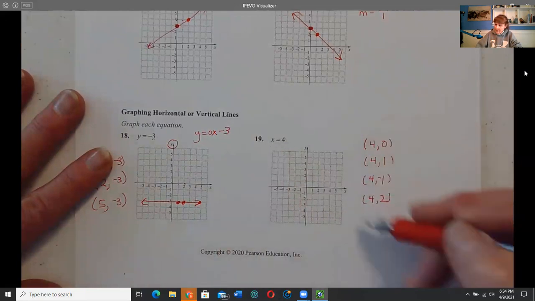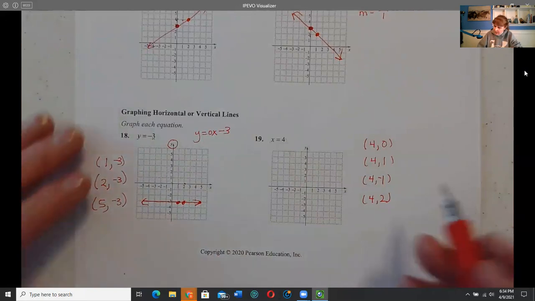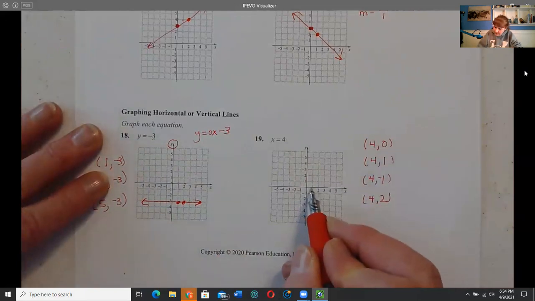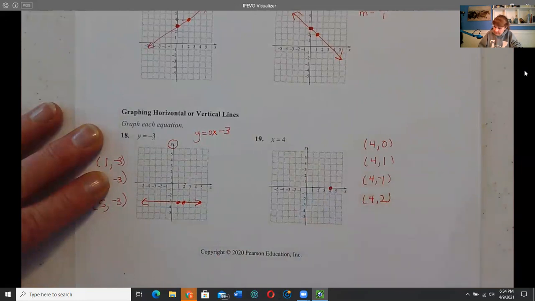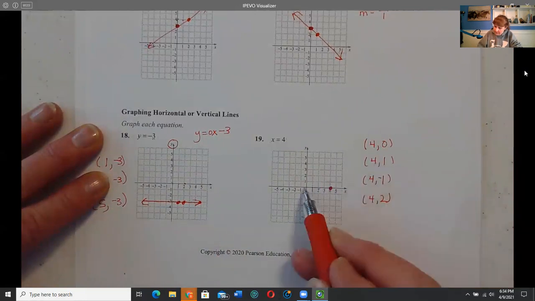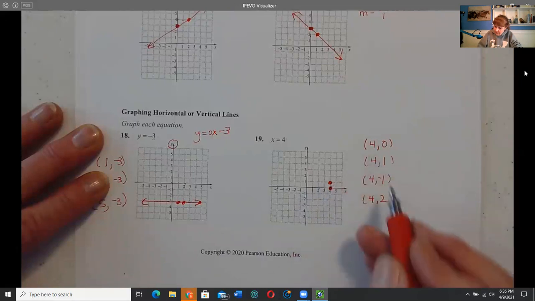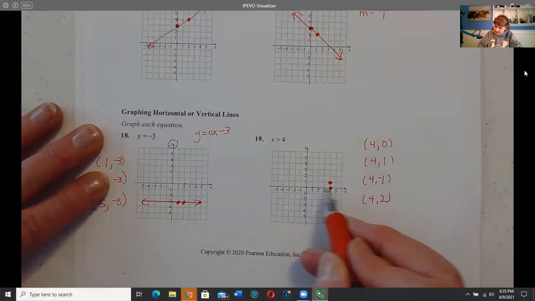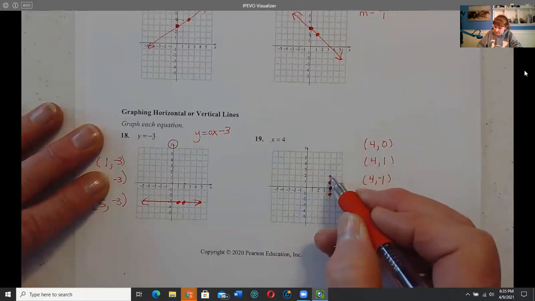We're going to graph these points so you can see that this is going to form a vertical line this time. 4, 0. I'm not going to go up any. 4, 1. 4, -1. 4, 2.